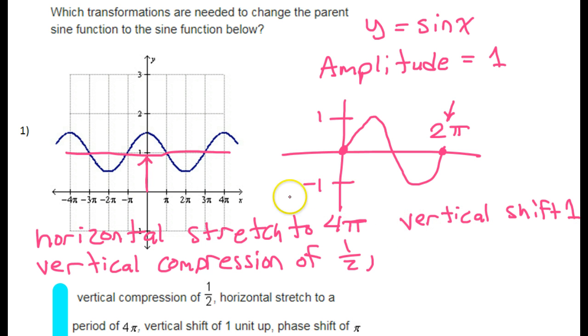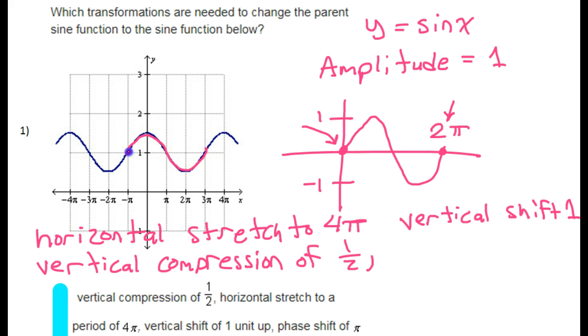Okay, now also normally the sine function starts at 0. Now if I look at this function, the pattern, I could look at it as starting from here.